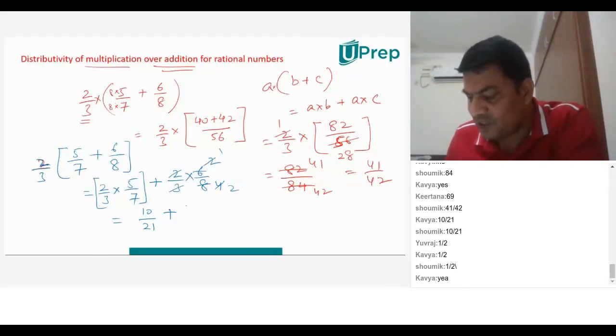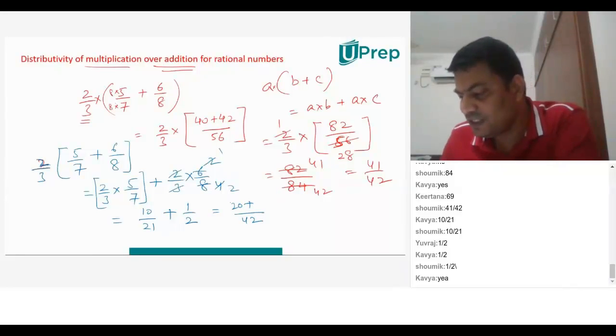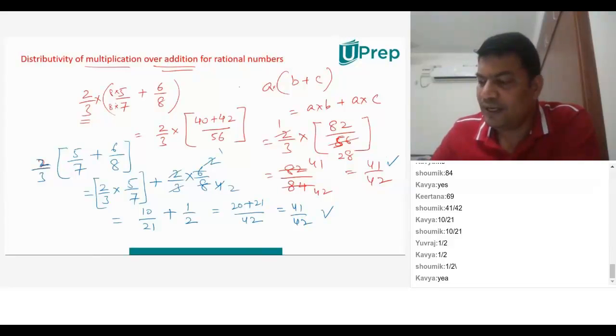So 10 by 21 plus 1 by 2. The LCM will be 42, since 21 into 2 is 42. So 20 plus 21 is 41, and once again you are getting 41 by 42. So you can see whether you do it directly or you distribute, you get the same answer.